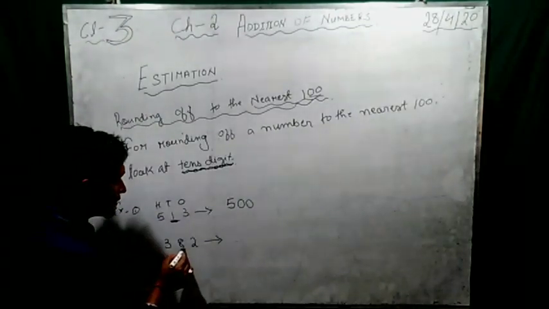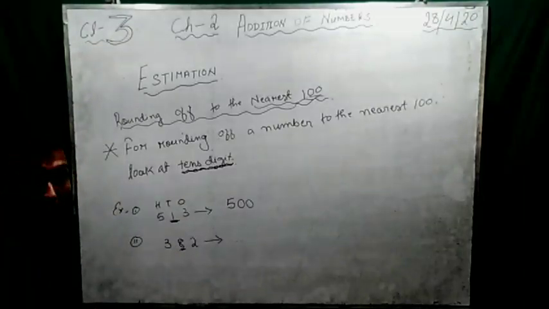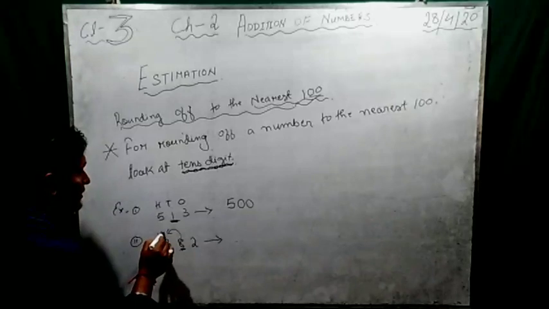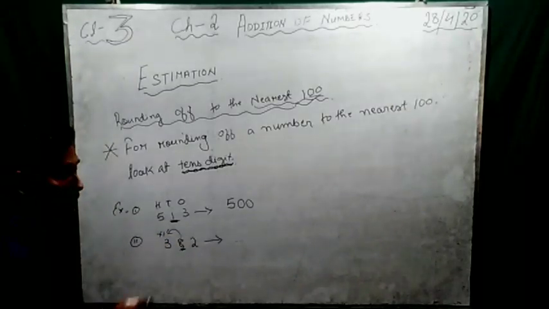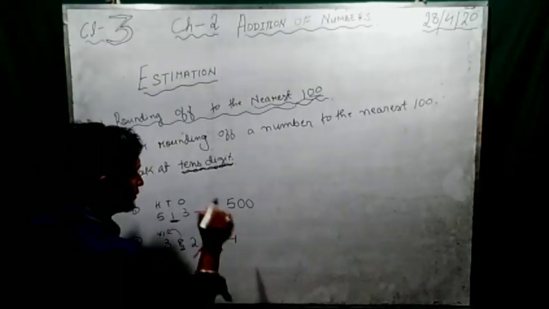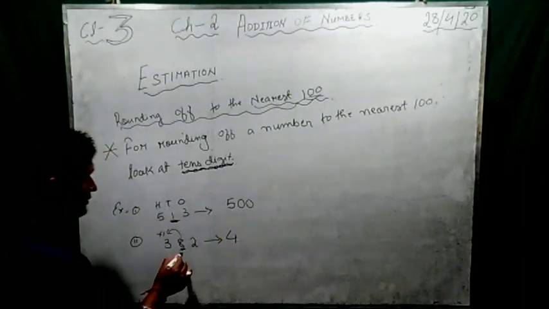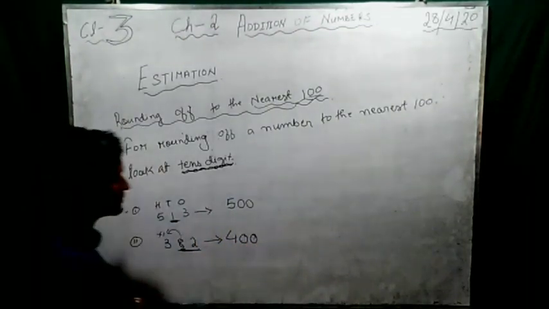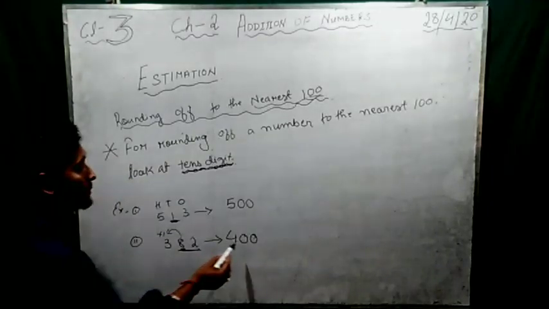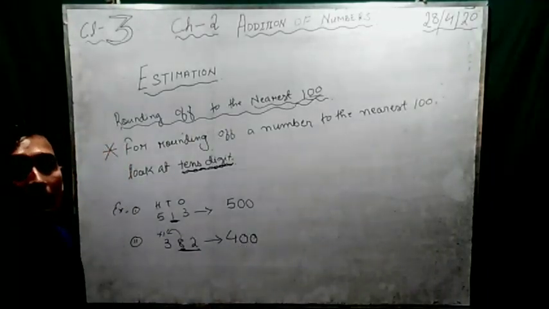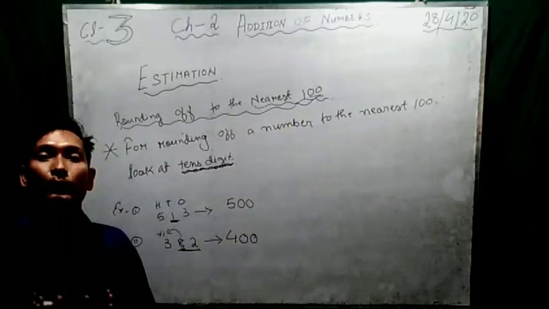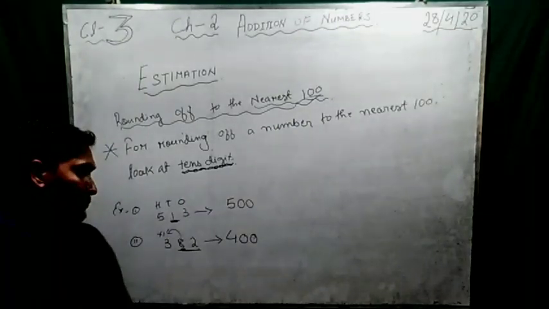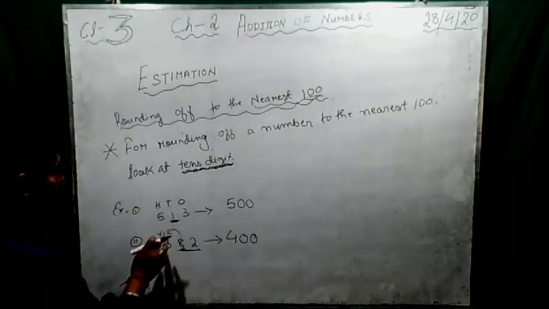If it is more than 5, what do we have to do? We have to add 1 here. That means 3 plus 1 is how much? 4. And these two digits are replaced by 0, the tens place and the ones place digits. Clear?